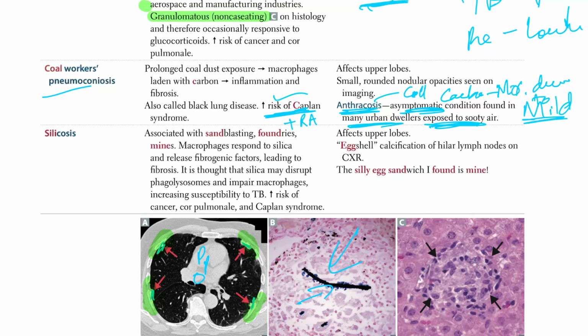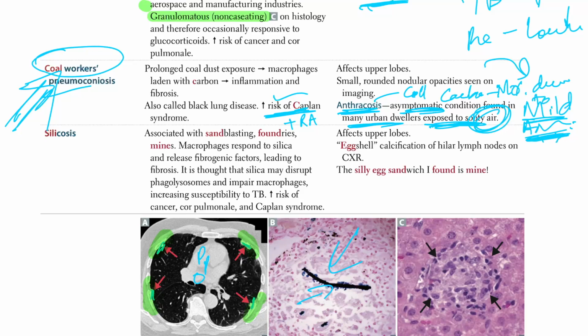Because they're just exposed to the carbon in the air pollution, and they're going to develop anthracosis. But coal workers have the direct effect of that coal exposure. Whatever air went into the environment, a mild form causes anthracosis.